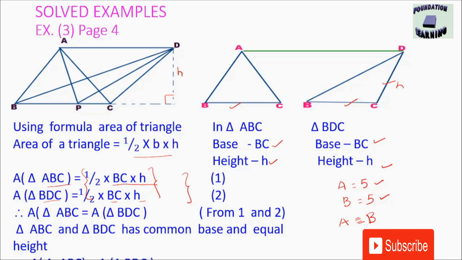Therefore, area of triangle ABC is equal to area of triangle BDC. Now, why are these two triangles equal in area? Because triangles ABC and BDC have a common base BC, and they also have equal heights. So we have found the first pair, which is area of triangle ABC equal to area of triangle BDC.